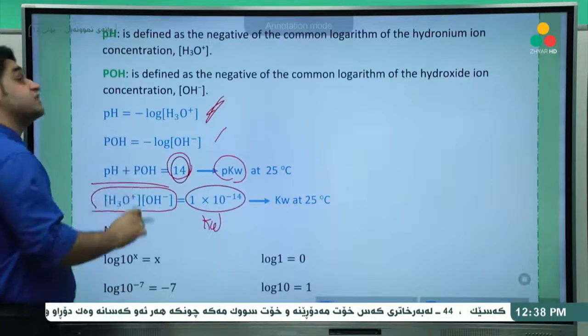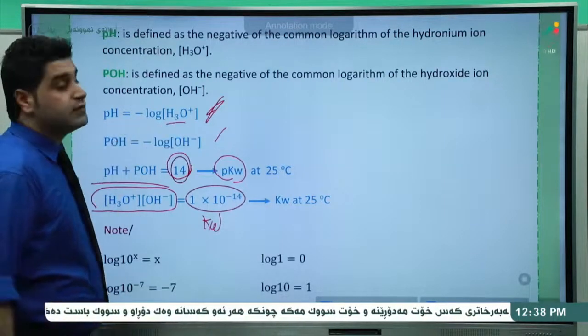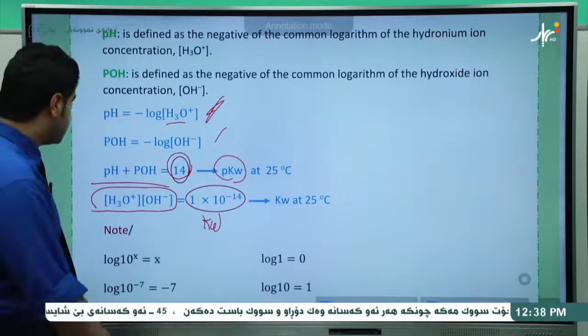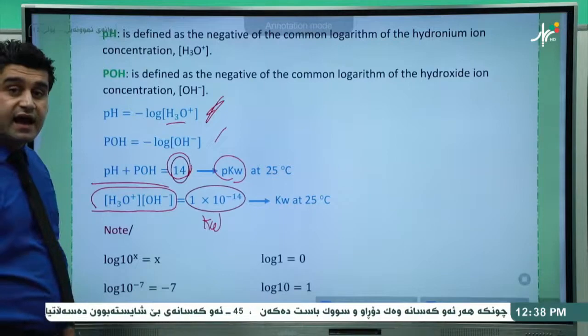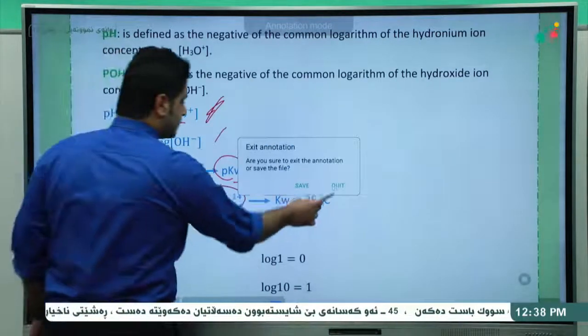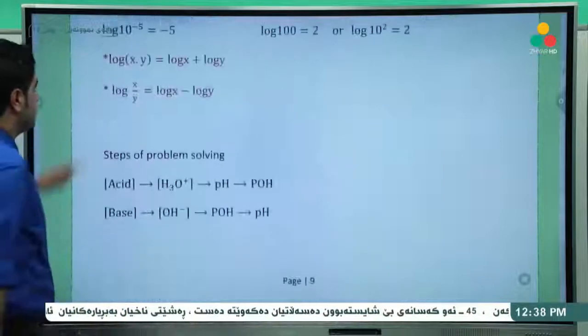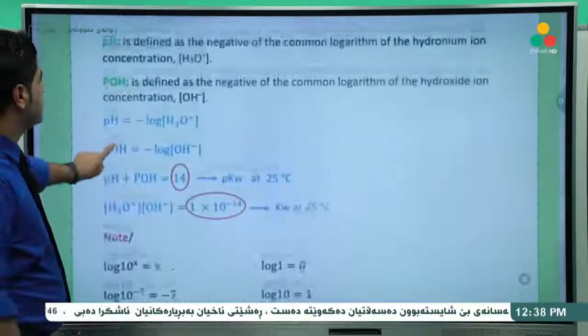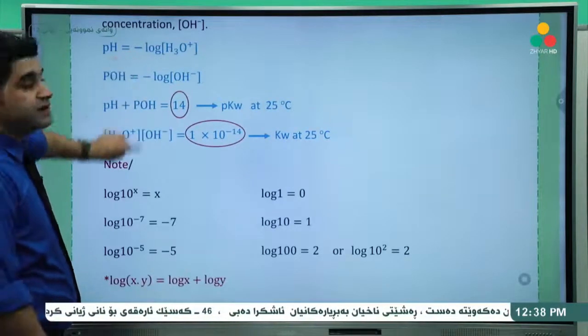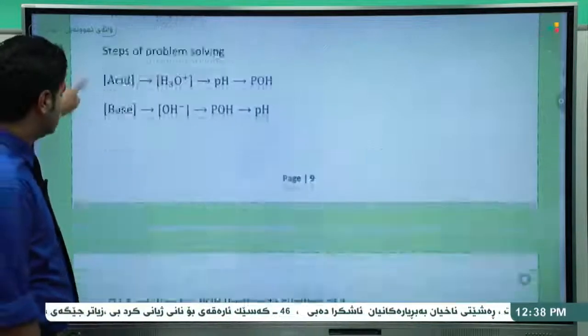But instead of H, we should write H3O, because we cannot have H plus freely in aqueous solution due to its high reactivity. So you should memorize all these equations. We've learned that there are only 3 new equations.